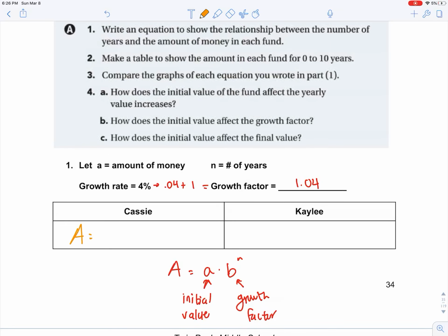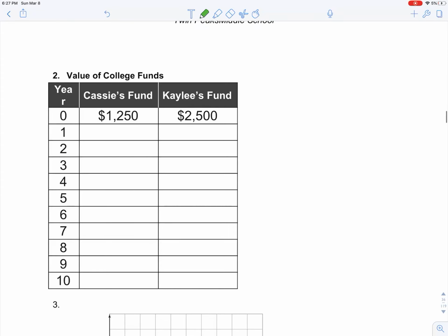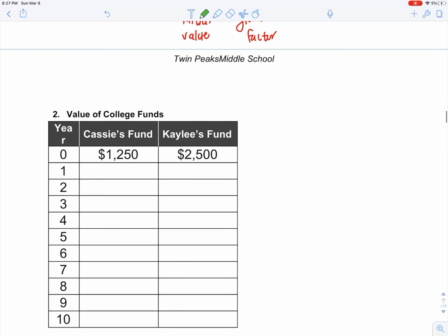I'm going to use orange for Cassie, so A is equal to 1,250 times 1.04 to the nth power, and then I'll use green for Kaylee. Kaylee started at 2,500, so 2,500 times 1.04 to the nth power, and there we have two lovely equations.